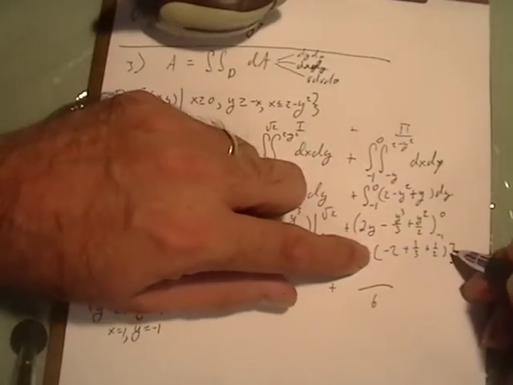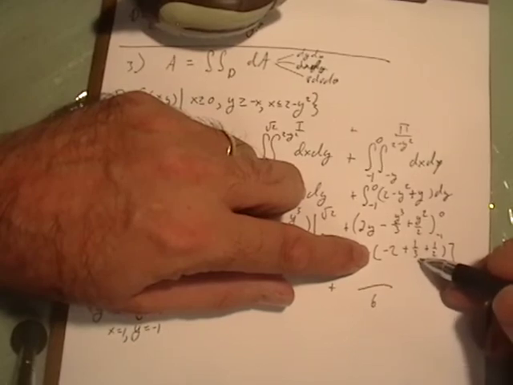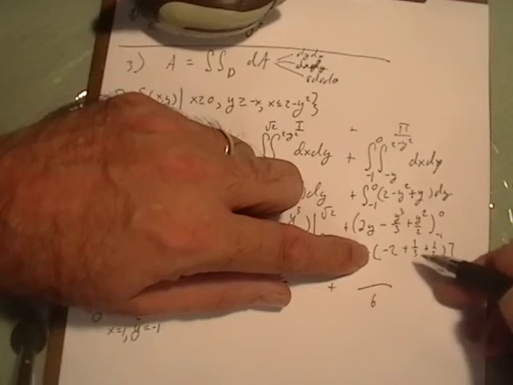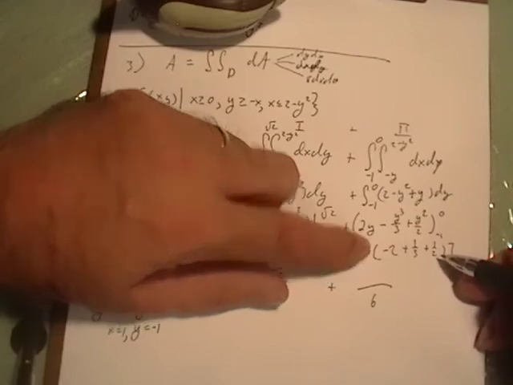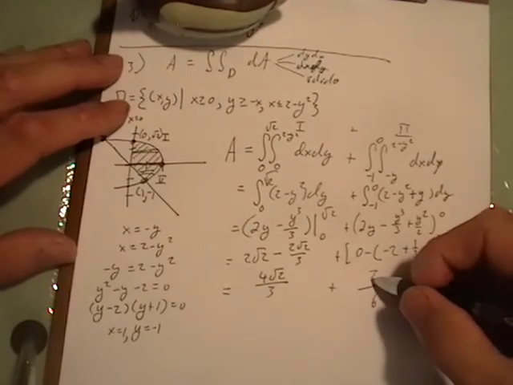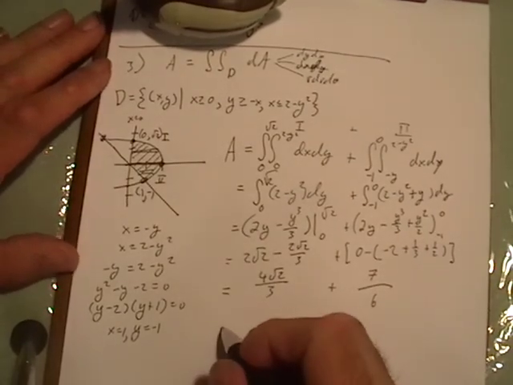For my numerator, I'd have minus 12 plus 2 plus 3, which should be a minus 7 on the top. But remember that you're subtracting that, so this is actually going to be plus 7/6.